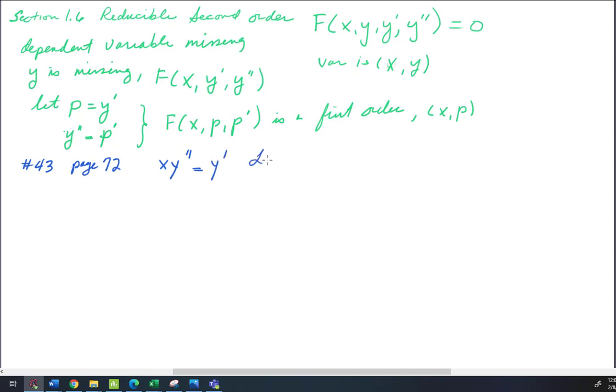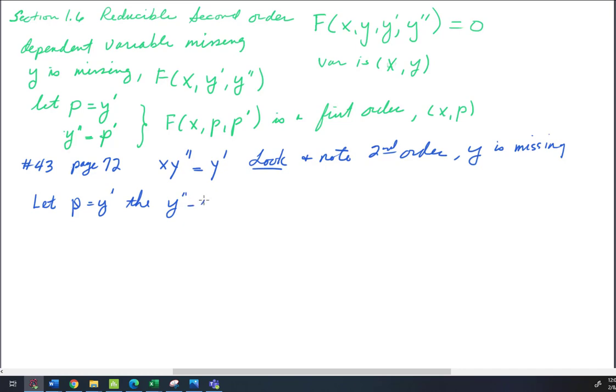And when I look at that, good inspection, look and note, it's a second order, and the dependent variable y is missing. So what I hinted at a bit earlier is that maybe we want to let p equal y prime, and then y double prime would be equal to p prime.